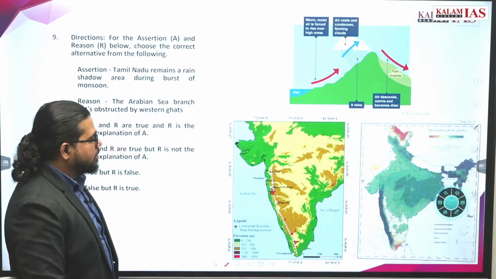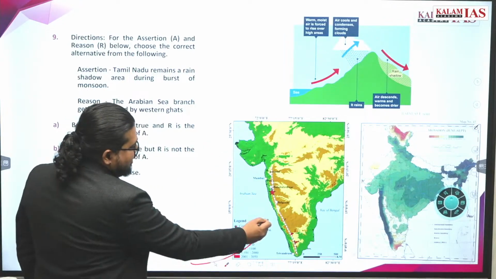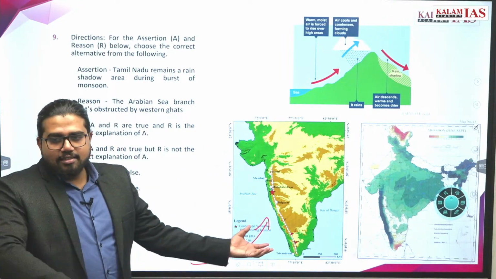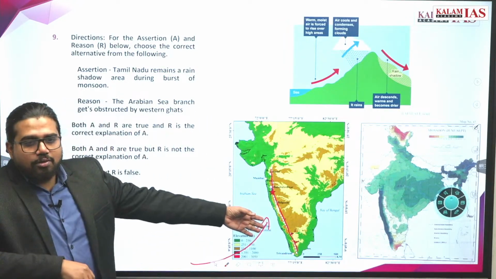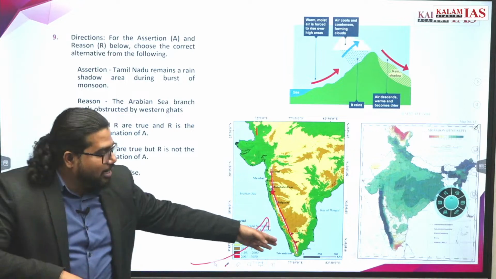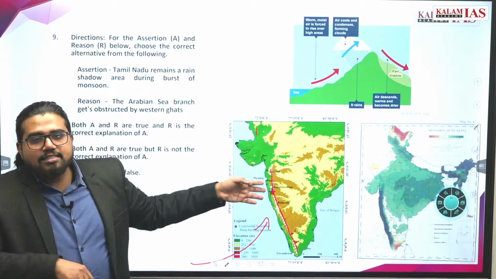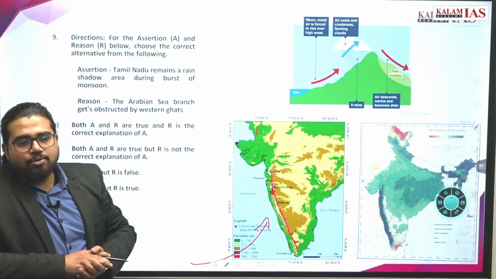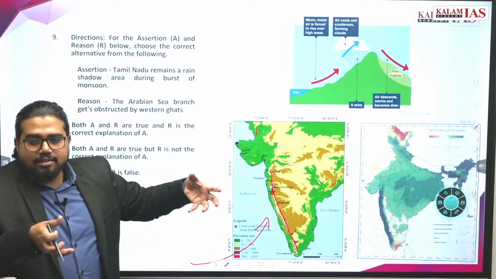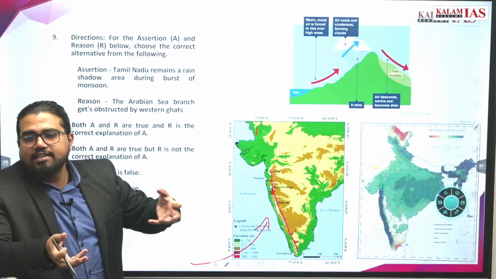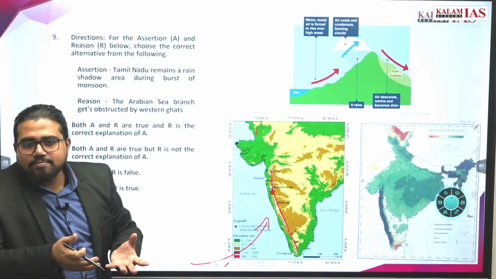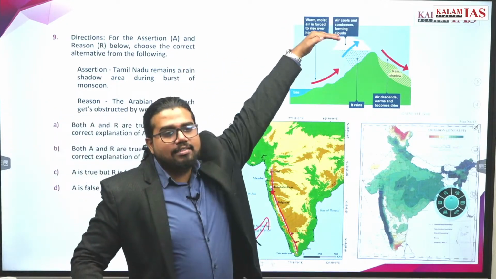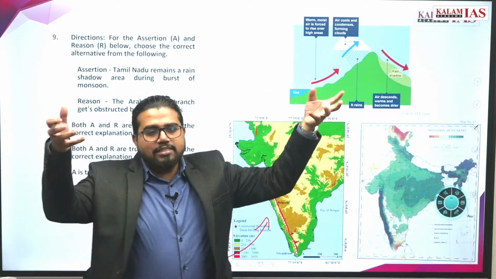How is the monsoon coming? Monsoon is coming in this direction. We have a very straight Western Ghats throughout. Only a few passes are there. Palakkad is there. Balaghat is there. Two or three passes in between. So what happens when moisture-laden wind or cloud reaches mountains? Winds come like this and get elevated. What happens when it gets elevated?